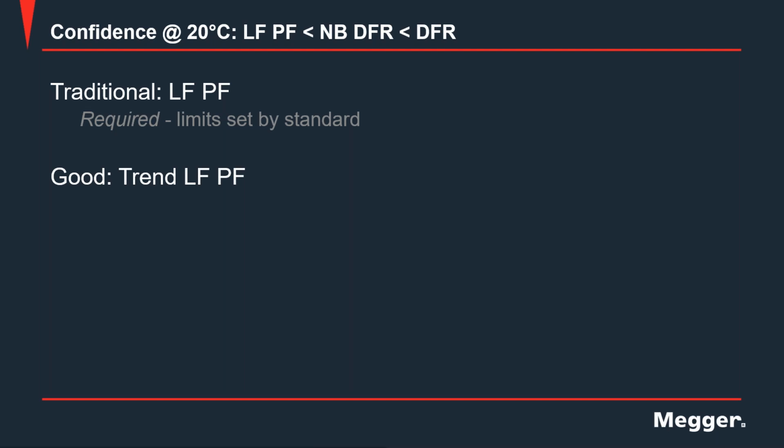But then what is good is to do trending with line frequency power factor. That is the best approach that you have with line frequency power factor. Now you're looking, and I think that Dinesh already mentioned before, your manufacturing data from your FAT or your factory acceptance test, your commissioning test, and whatever testing was performed during the service life of that transformer or any other piece of equipment.